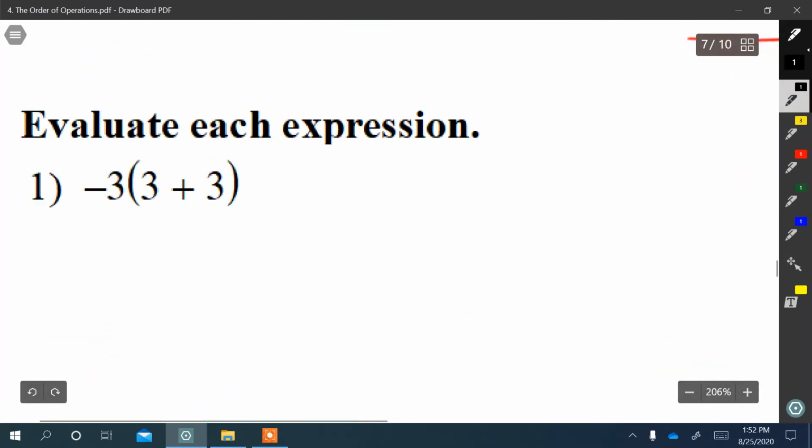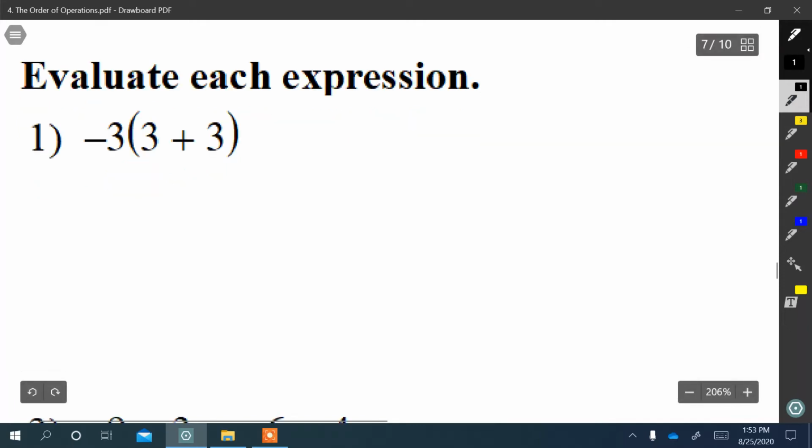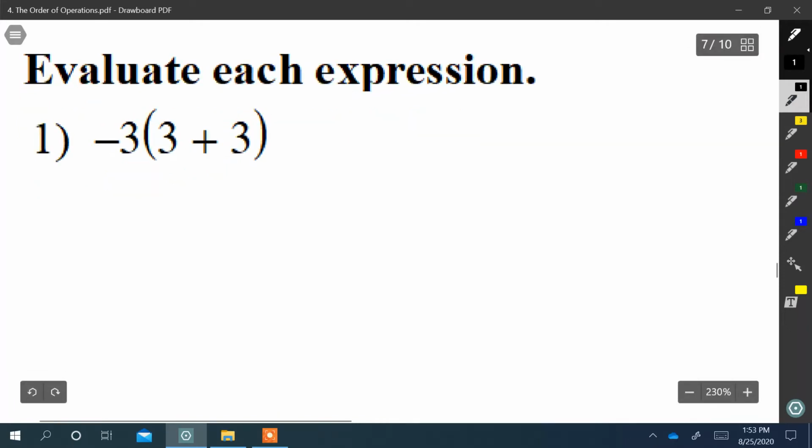Alright, so let's go ahead and get started with this first question here. It says evaluate the expression, and of course we want to do 3 plus 3 first, because according to PEMDAS, you want to do parentheses first.